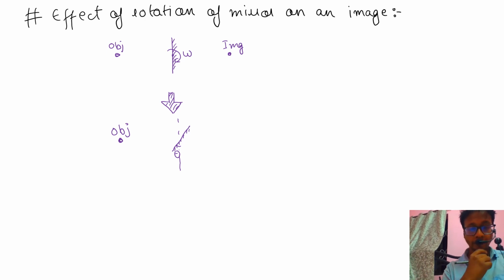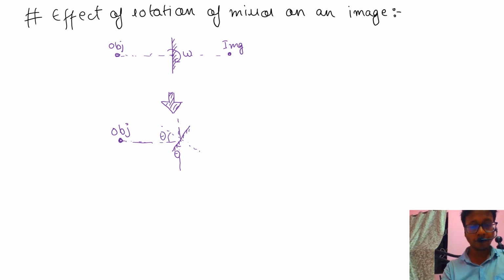Now see what will happen to the angle of incidence. My initial angle of incidence was 0, so the reflected ray traced back to the original path and this became our image. But now for the same object at the same position, my angle of incidence changed by theta.